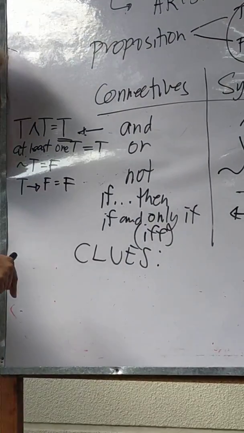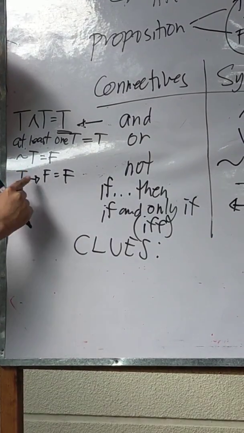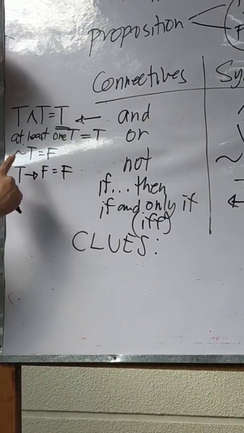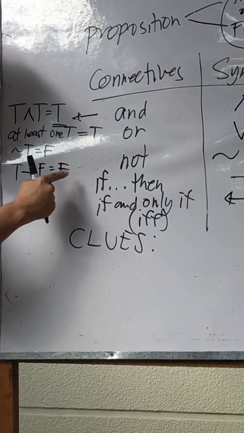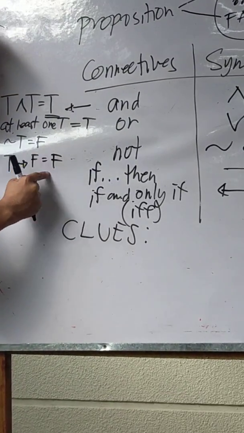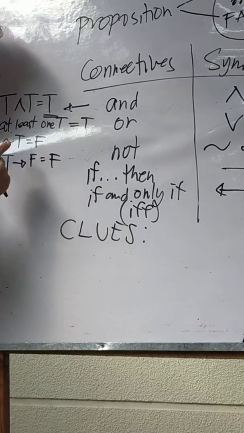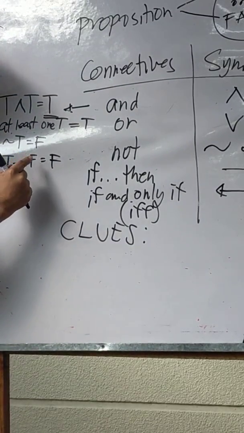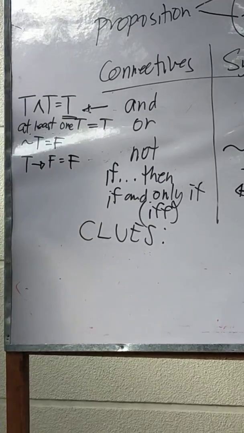Then the rest will be true. True, if true then true, true. If false then true, true. If false then false, true. It will only be false if we have true then false equals false.